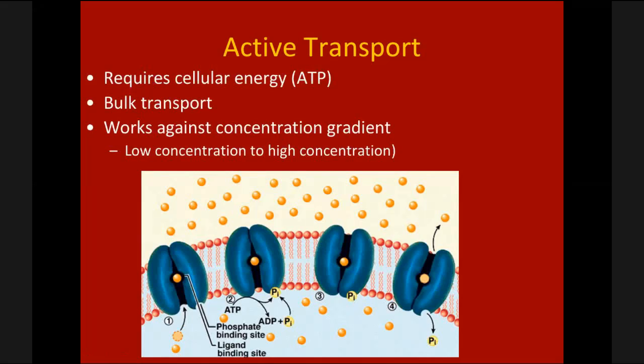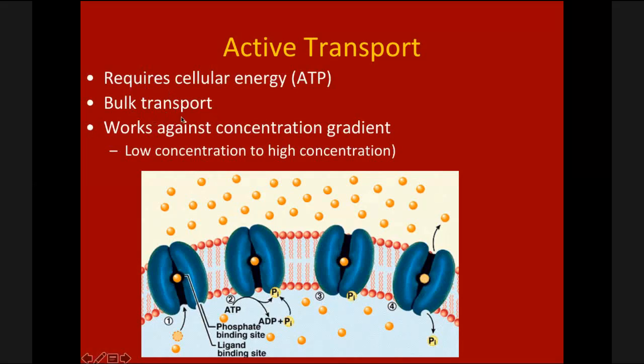Active transport, again, requires a direct investment of ATP energy. We use it usually in two primary cases for membrane transportation. Bulk transport, which we mentioned before, is moving a lot of a product across the plasma membrane at one time. Up to now, we've been moving one molecule or one ion at a time.